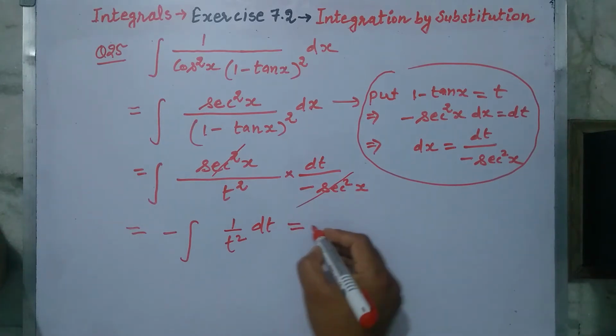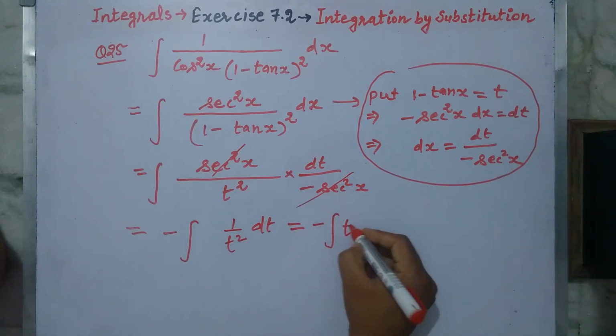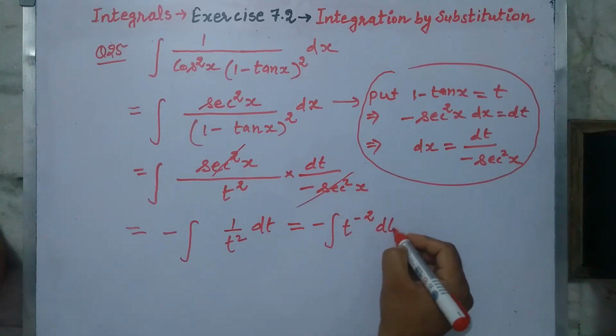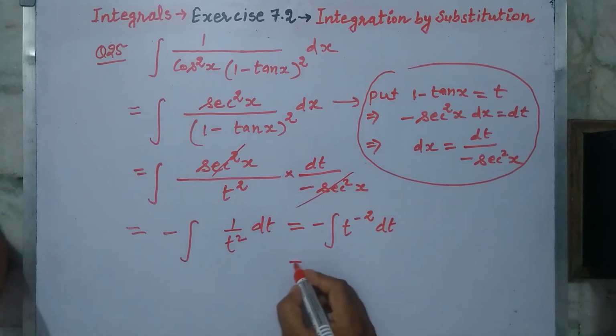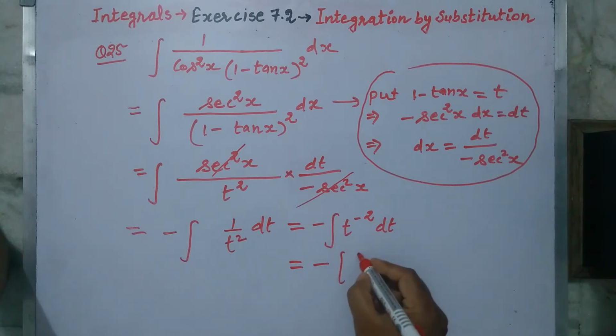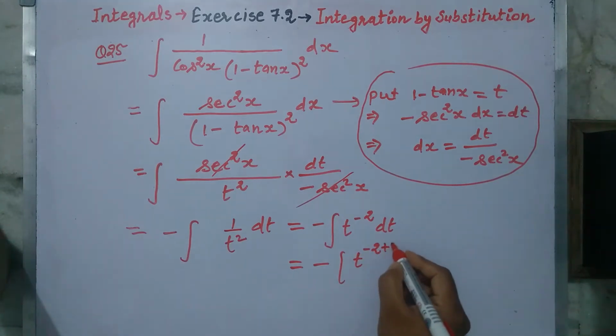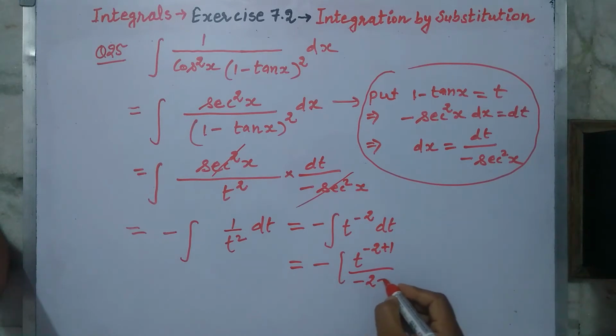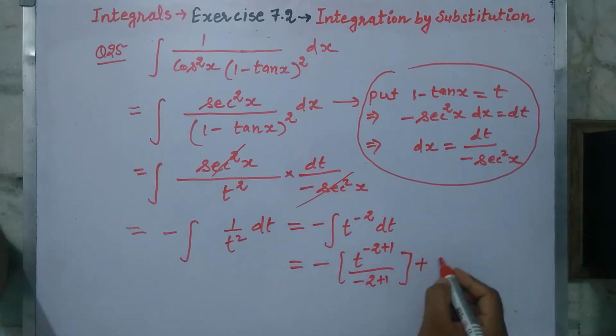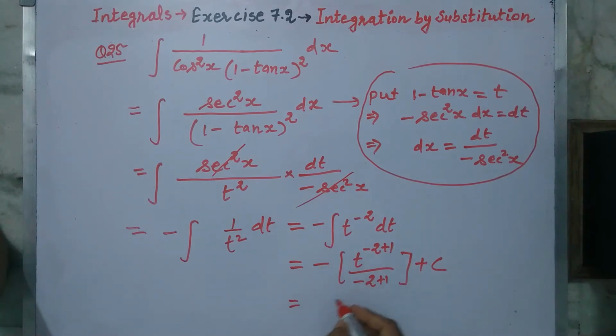That means minus t raised to power minus 2 dt. So this is equal to minus t raised to power minus 2 plus 1 upon minus 2 plus 1, plus c, that is 1 upon t plus c. What is t? This is 1 upon (1 minus tangent of x) plus c, which is the final answer.